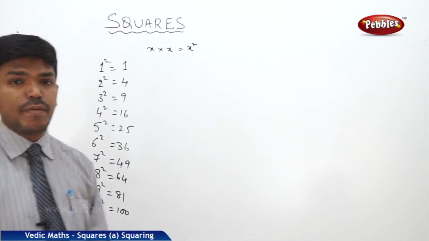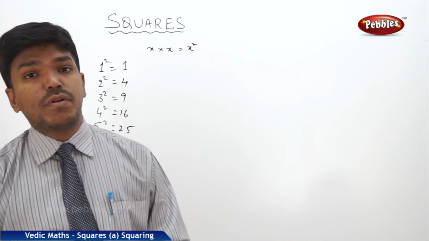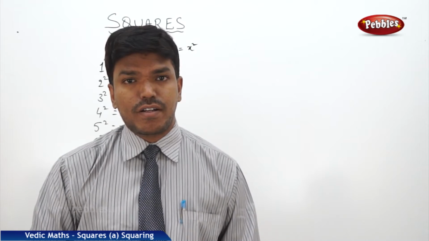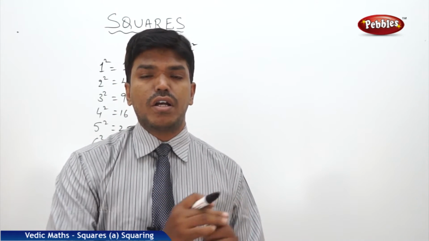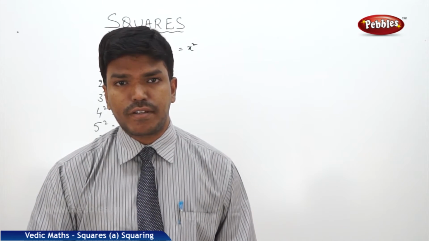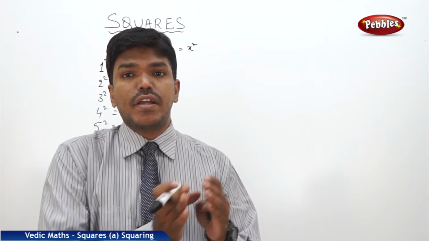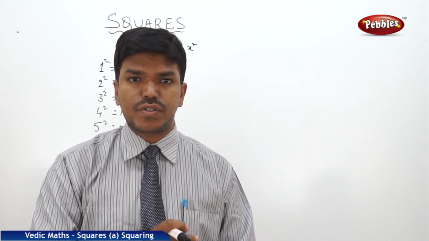Until here everybody knows squares until 10 squares, but the problem will start from 11 square. Why? Because those who don't know the tables from 11 or 12 cannot tell the squares immediately. For those, we have one more different way to handle the squares.